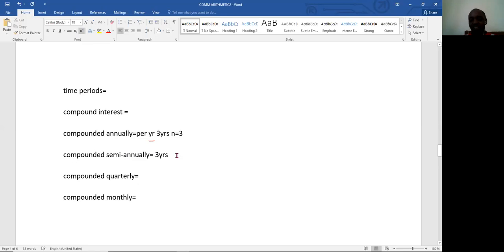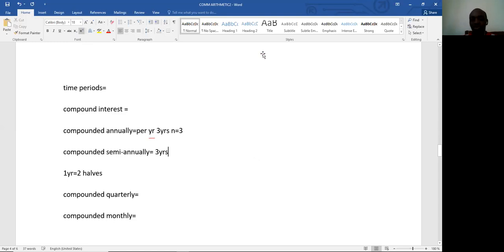Semi means a half. So in 1 year, how many halves do we have? 2 halves, or 2 semis. So if it is compounded semi-annually, what are we going to do?